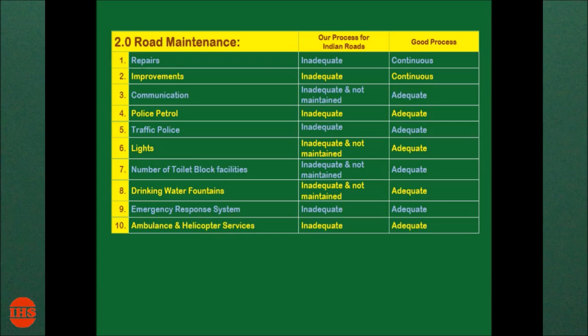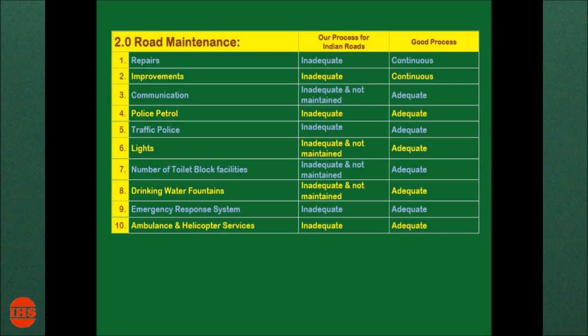Communication on Indian roads is inadequate and not maintained. In good process, it is adequate. Police patrol is inadequate. In good process, it is adequate. Traffic police, inadequate. In good process, it is adequate.